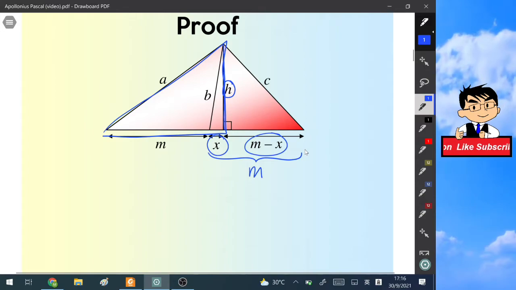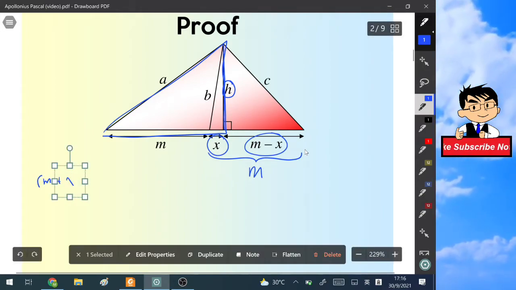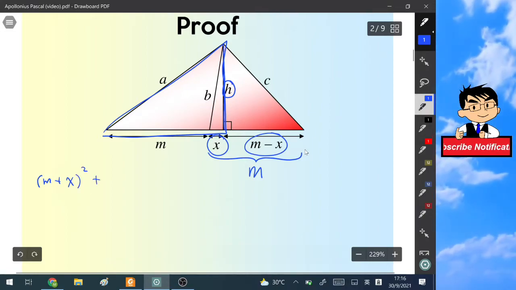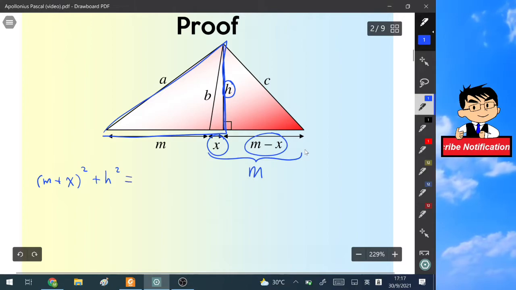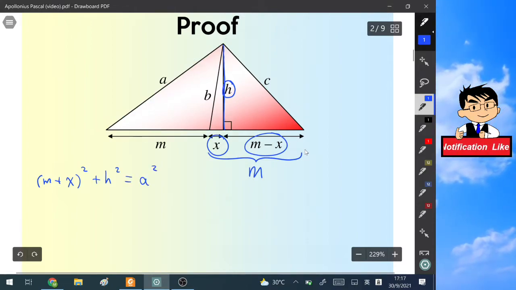We can write the Pythagoras theorem: m plus x the whole square plus h square is equal to a square. So this is the first triangle.